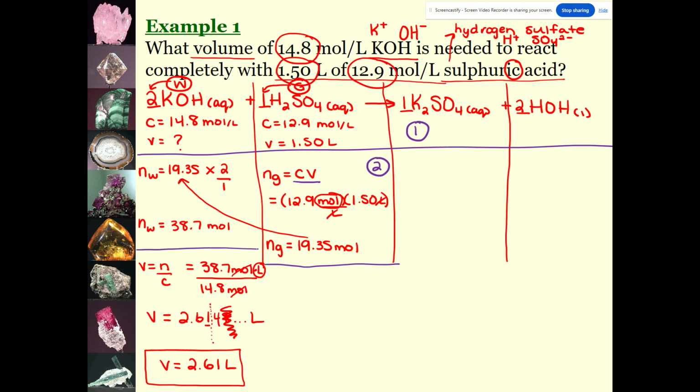Then this is step 3. Find the moles of our wanted by applying our mole ratio wanted over given. Then this final step here is 4, where I find my final answer, which in this case I was looking for volume, so that would be N over C. Okay? That's it for solution Stoich.